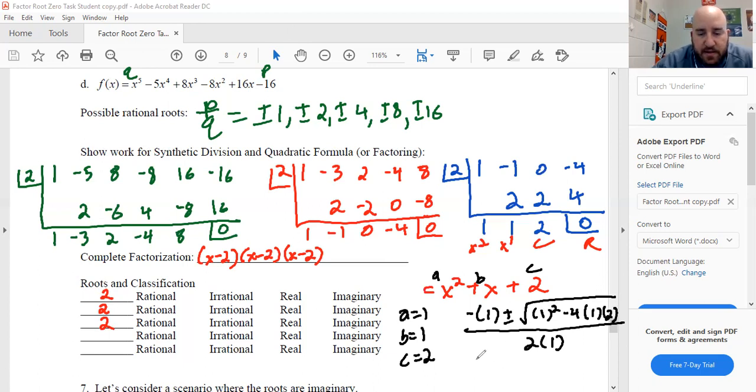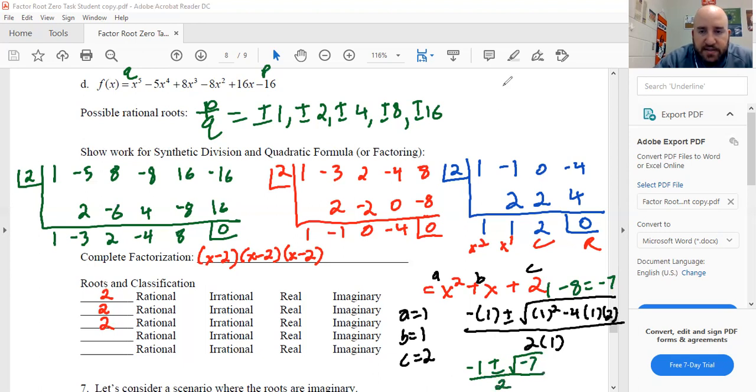Quick mental math here again because I'm running out of room. -1 is -1. 1 squared is 1. -4 times 1 times 2 is -8. 1 minus 8 is -7. So I've got the square root of -7 left. 2 times 1 is 2.